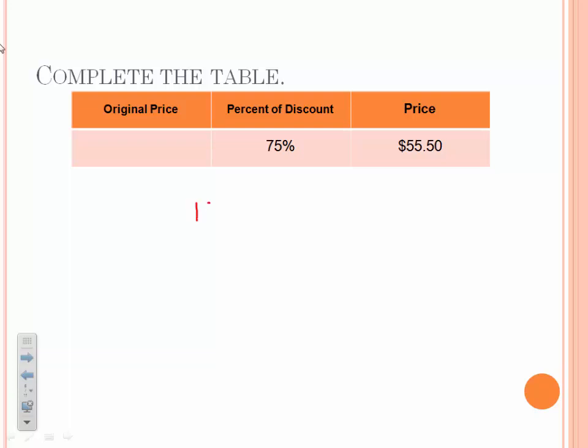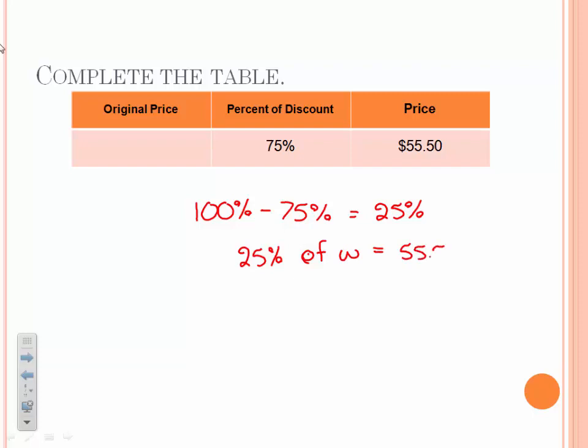So the original amount is 100%, and the discount we take off is 75%, leaving us with the sale price is 25% of the original amount. So that will be our A, which is 55.5, or $55.50.